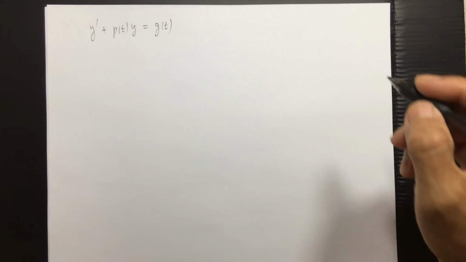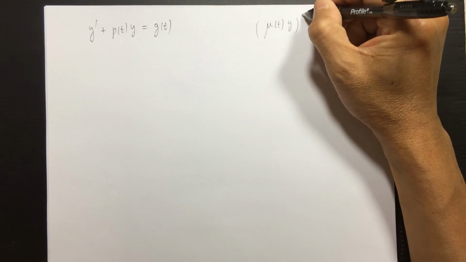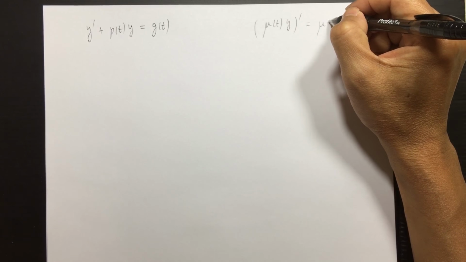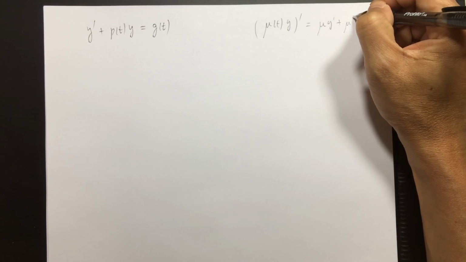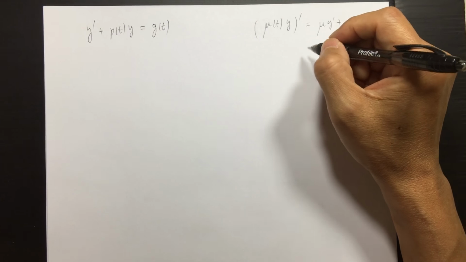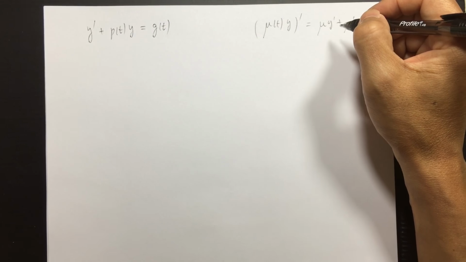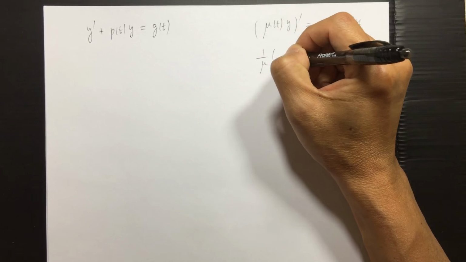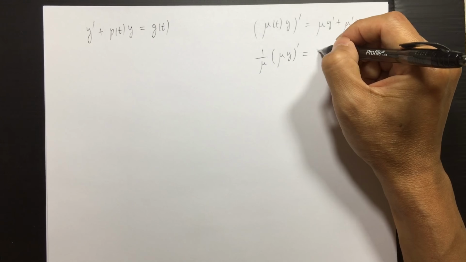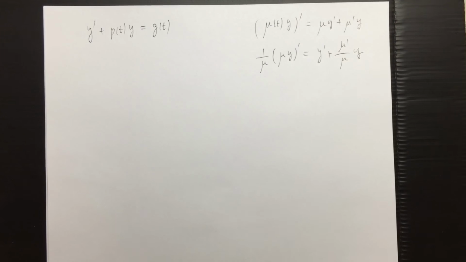The way to solve this is you want to find a mu times y, and this equals mu y prime plus mu prime y, right? You divide by mu on both sides. This is 1 over mu times that equals y prime plus mu prime over mu times y.